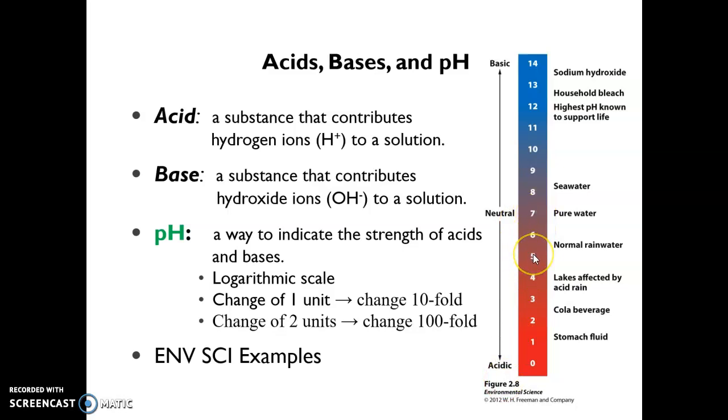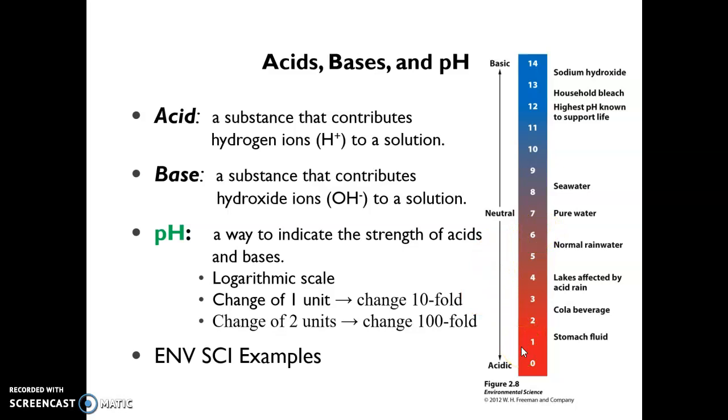And then if we move down to 5, something with a pH of 5 is 10 times more acidic than pH of 6, and it's 100 times, or 10 times 10, more acidic than 7. So you can see as you go down, each time it goes 10-fold, 100-fold, and then 1000-fold, etc.